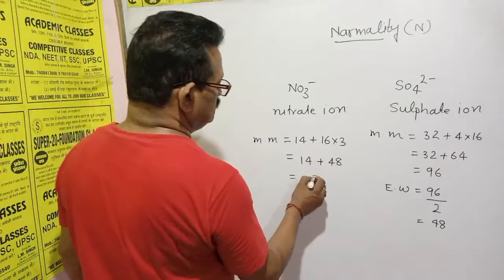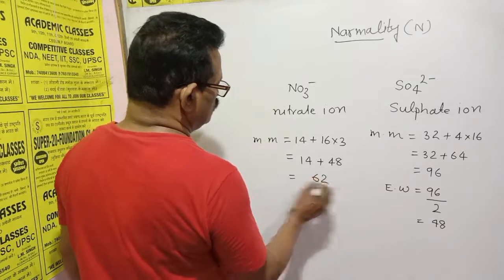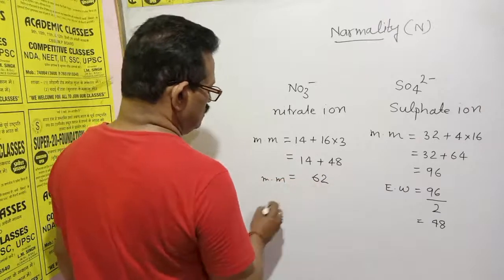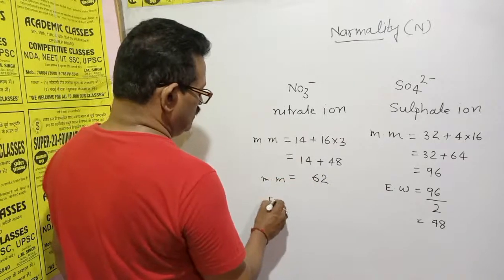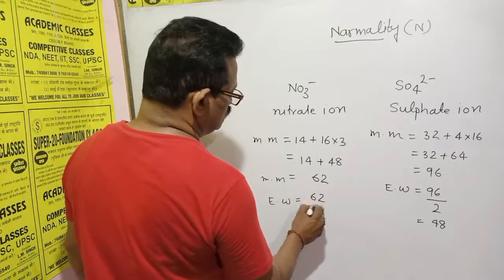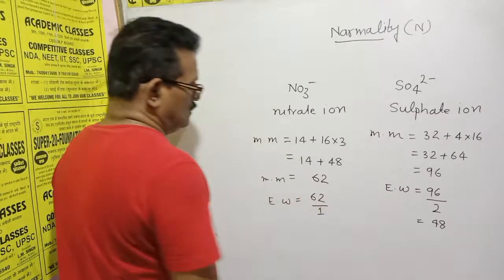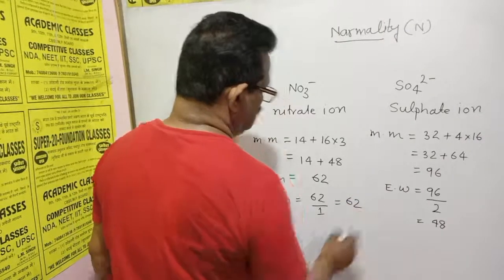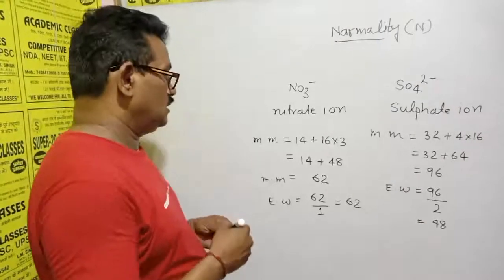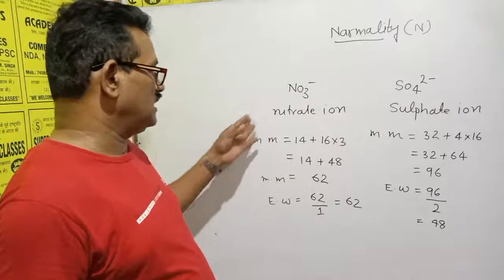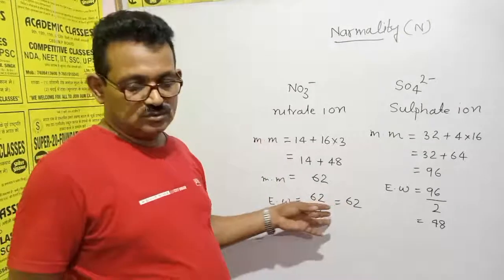This is the total molar mass. Molar mass is 62, and the equivalent weight is 62 upon 1, so the equivalent mass of nitrate ion is 62.